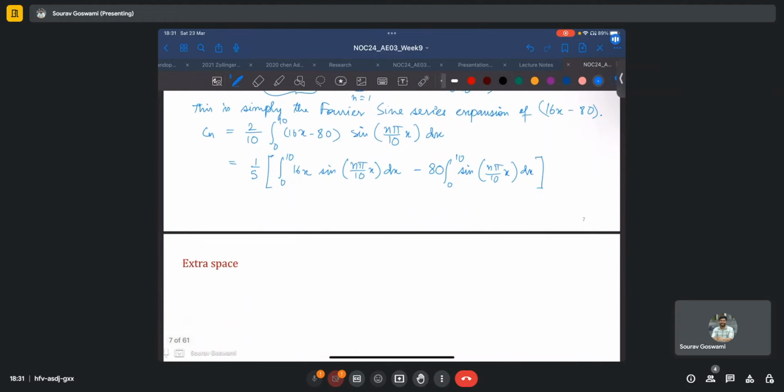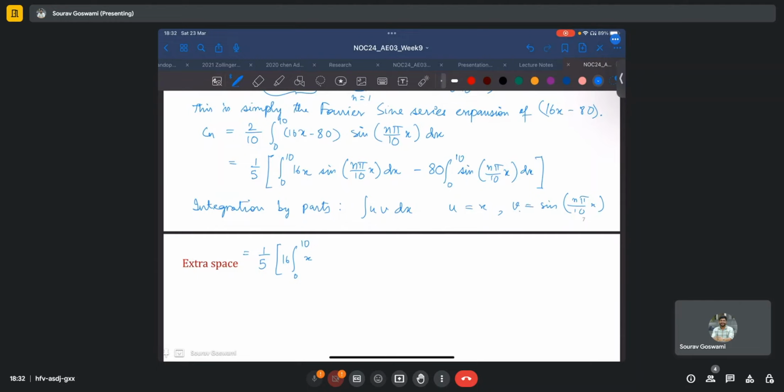The first one will involve integration by parts. Here I'm taking u equals x and v equals sine n pi by 10 x. You can try doing it the reverse way, see if it is any easier.